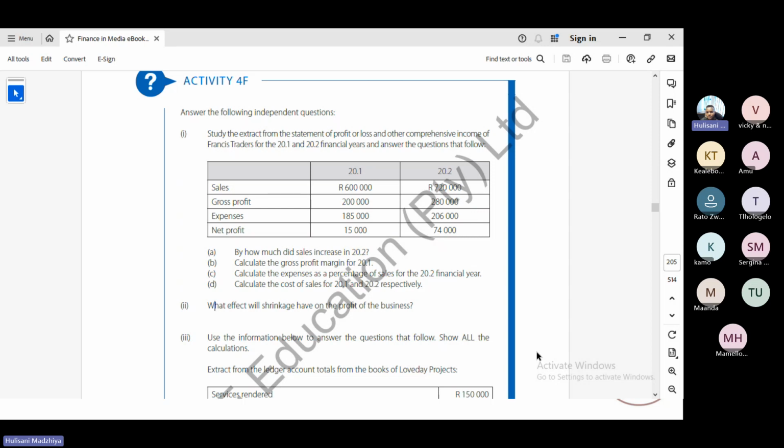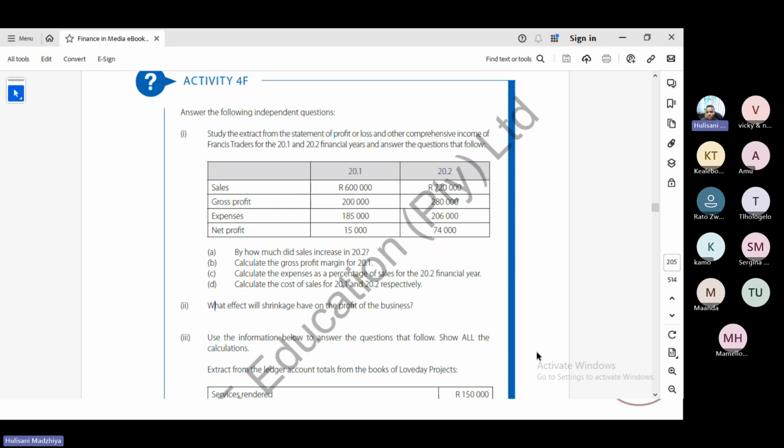So what I want you to also do is that on number A, if you can, I want you to also identify those A and B as a percentage. How much did sale increase in 2022? So it should be in percentage. Calculate the gross profit margin for 2.1. So the gross profit is already given.